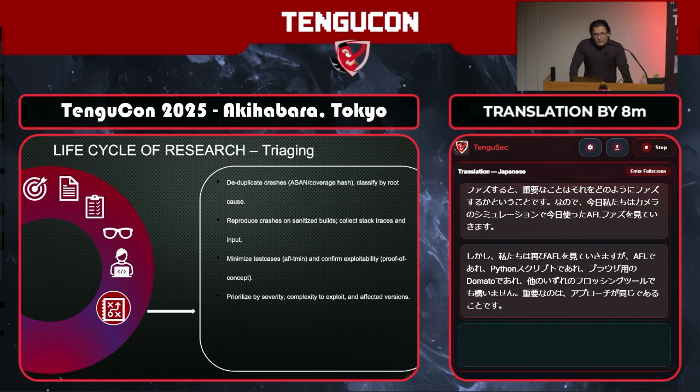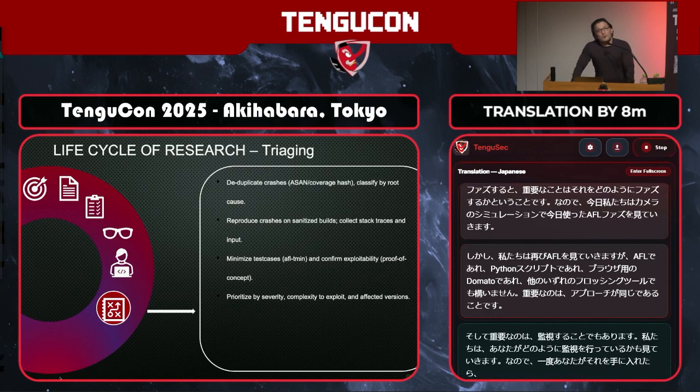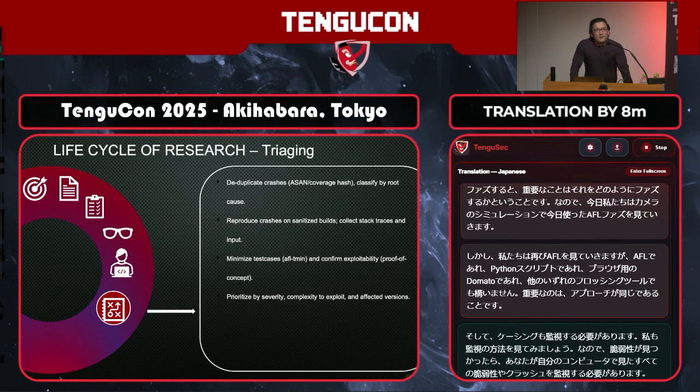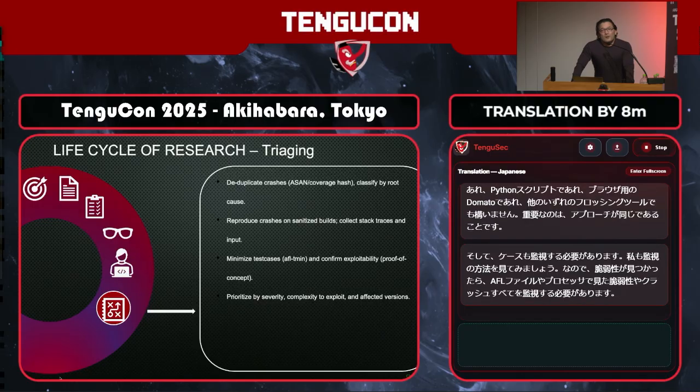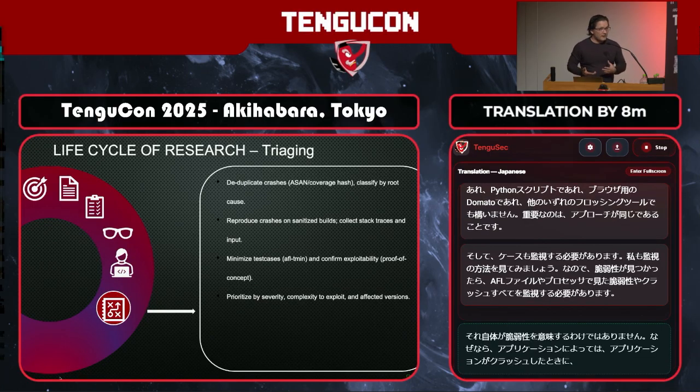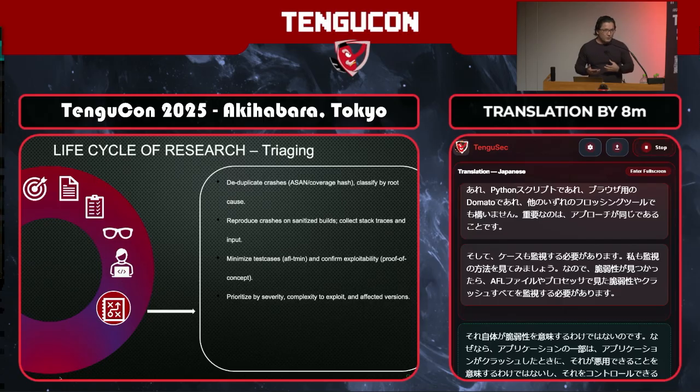So once you have got a crash, not every crash which you see on your AFL-Fuzz or on your processor means it's a vulnerability on its own. When the application crashes, it doesn't mean it's exploitable. It doesn't mean you can control the process execution, right? Because if you really want to exploit something, you need to be able to redirect the instruction to some command.